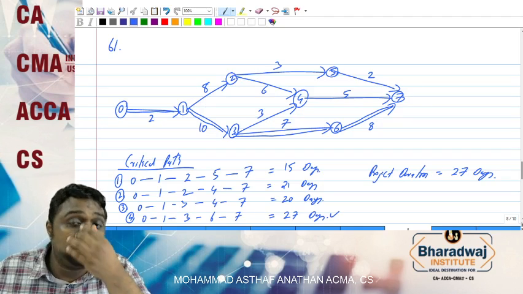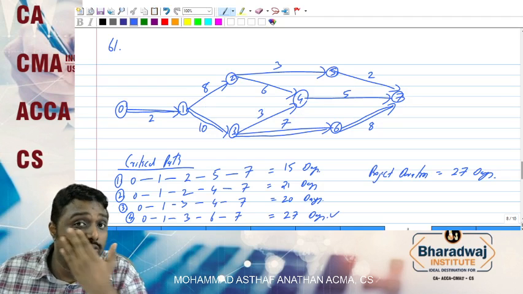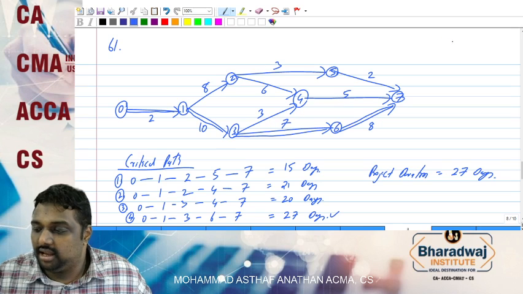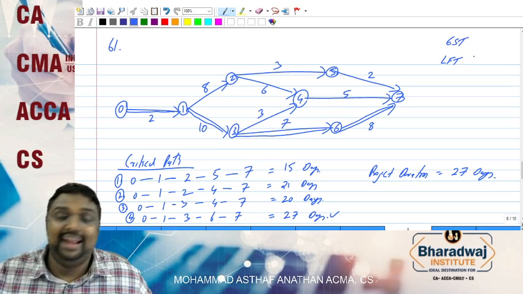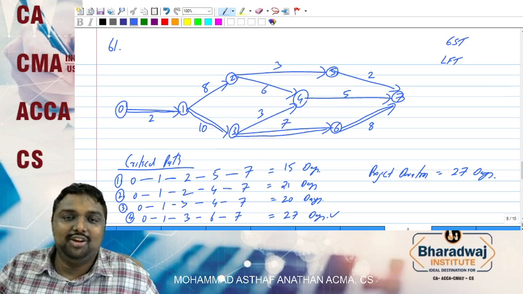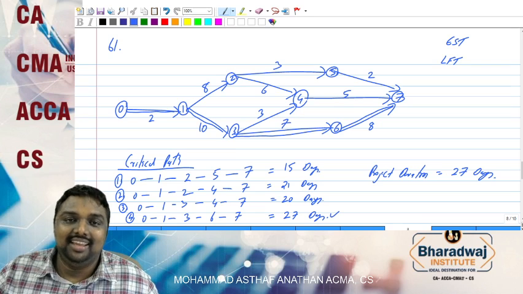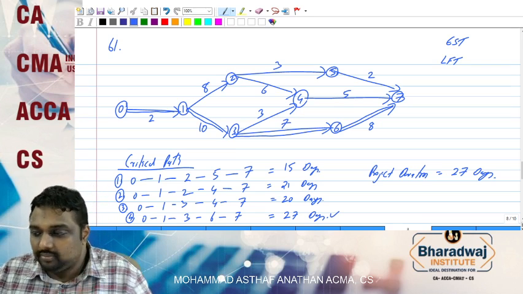See, if you want to solve this, you have to find out two things. First thing, earliest start time. Next one, latest finish time.